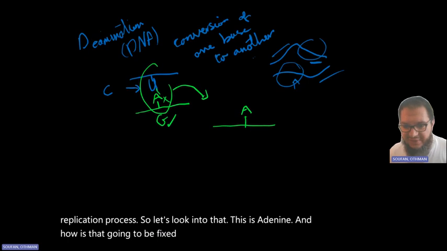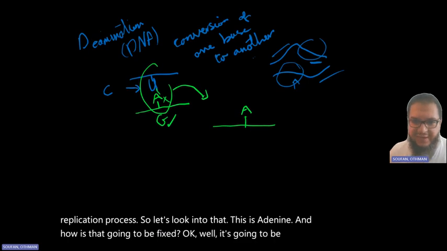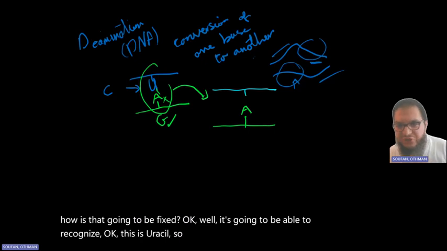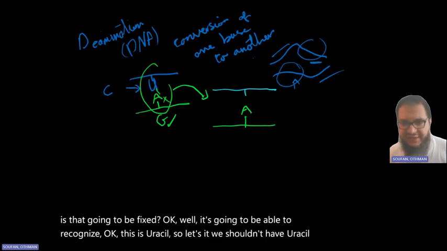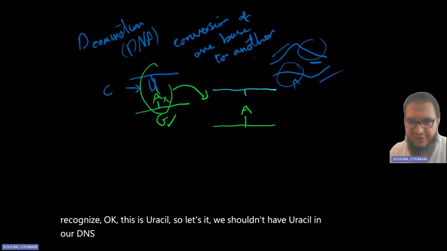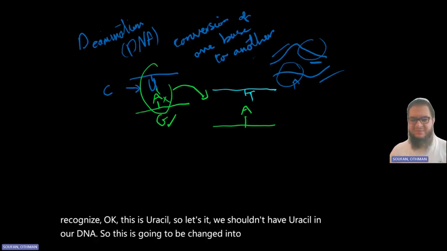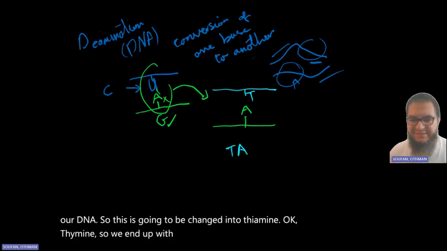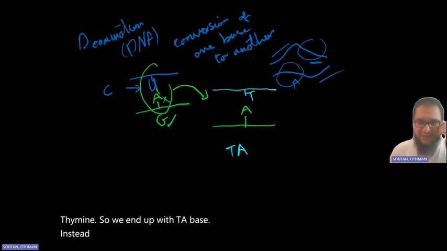Well, it's going to be able to recognize, okay, this is uracil, so we shouldn't have a uracil in our DNA. So this is going to be changed into thymine. So we end up with a TA base pair instead of a guanine and cytosine.